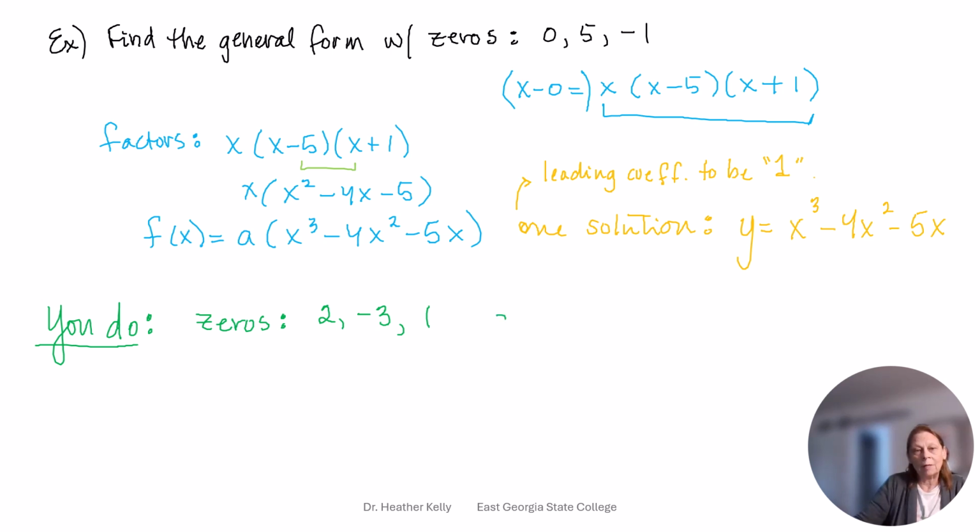And a lot of times they like to be explicit and tell you what the degree of the final polynomial is here. And so here the degree of the polynomial is going to be 3. Okay, so let me give you a couple minutes.